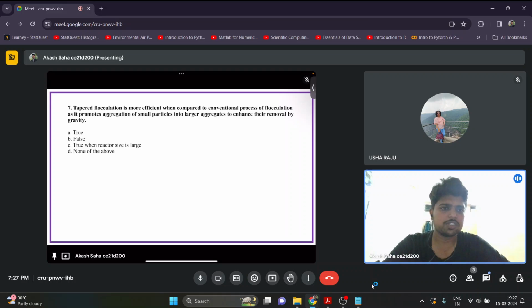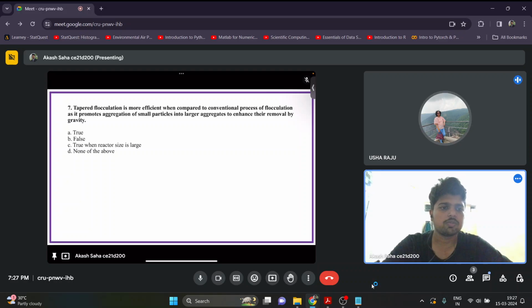So when we have tapered flocculation, we will move from a high value of G to a low value of G. When there is a high value of G, the particles that will be formed will be small but dense. But when there is a low value of G, the particles formed will be large but lighter. So we want large and dense particles.